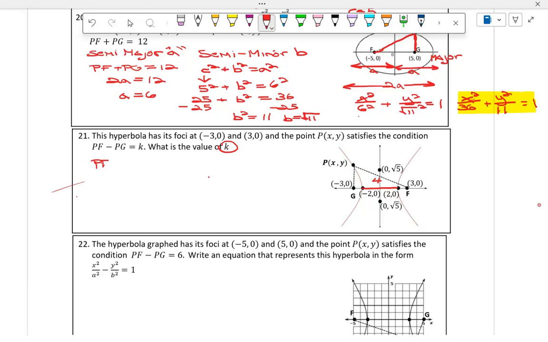Okay, so this distance right here is the same as the length of the transverse axis. So that length, k, has to be 4.